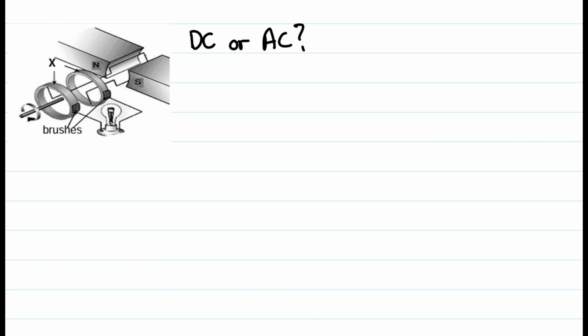Here's another diagram. Can you tell if this is a DC or an AC generator? Pause the video and take your time. When we look at this diagram, we have two rings, but we must consider something.